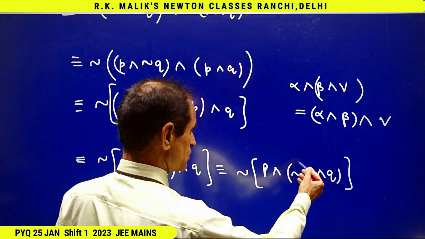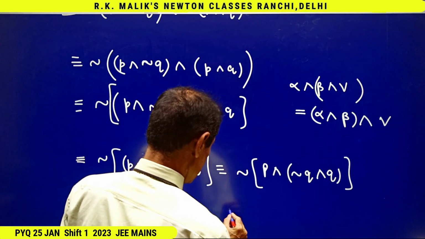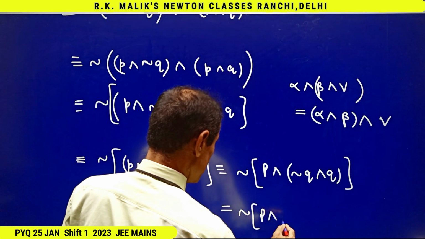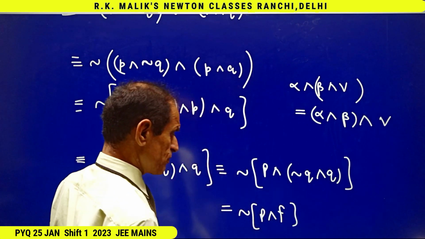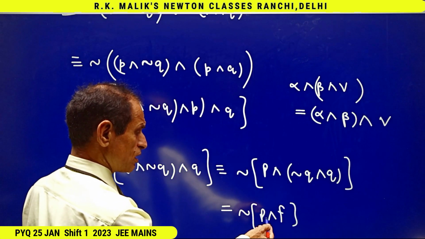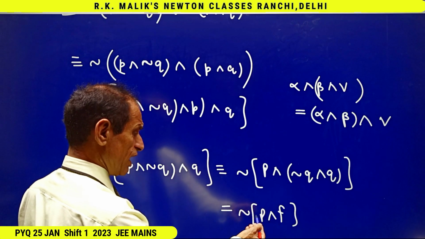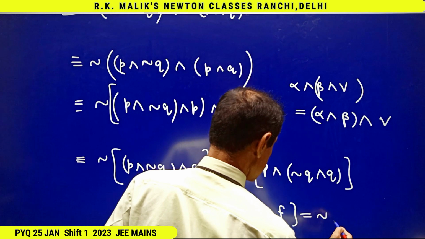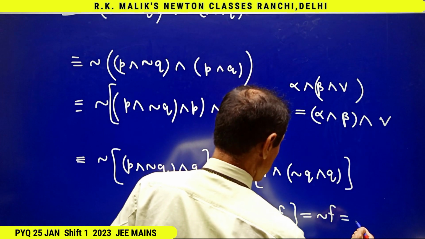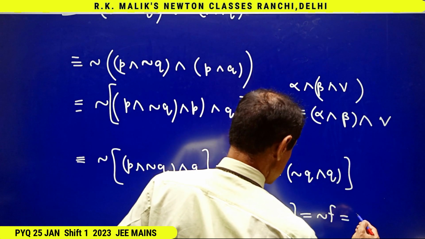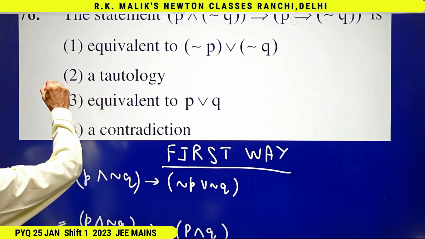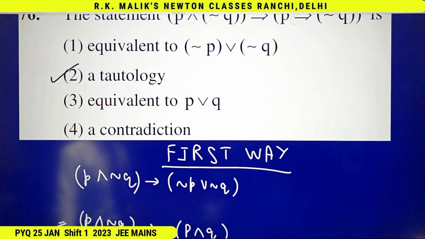And this is clearly a fallacy. Therefore, it is negation of (P and fallacy). We know that conjunction of a fallacy with any statement is a fallacy. Hence, it is negation of fallacy, and negation of fallacy is tautology. Hence, I can say the second choice is the correct choice.